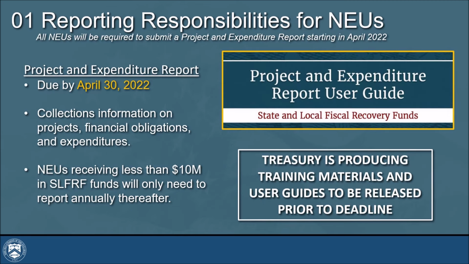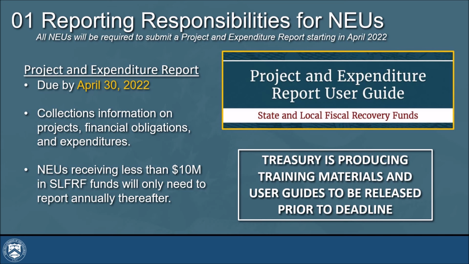So next, let's go over the project and expenditure report. The project and expenditure report is the primary way that all recipients, including NEUs, will be reporting on their use of SLFRF funds.